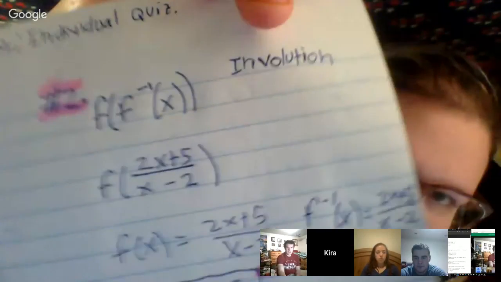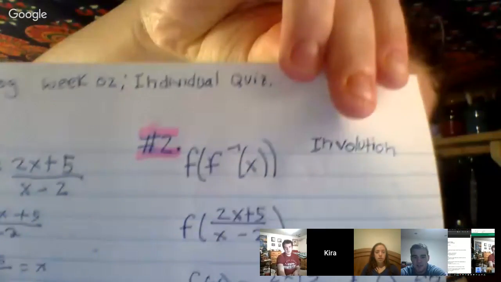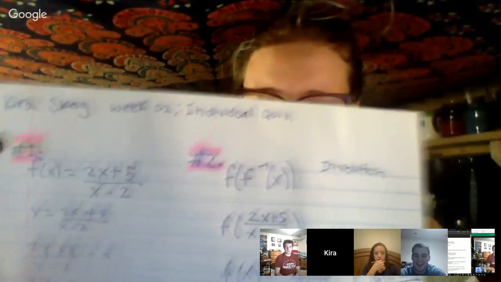Question 2 of the individual quiz, I was just confused about. I don't know if you guys can see this, is it backwards? No, it's good. This function right here, did I do that right?